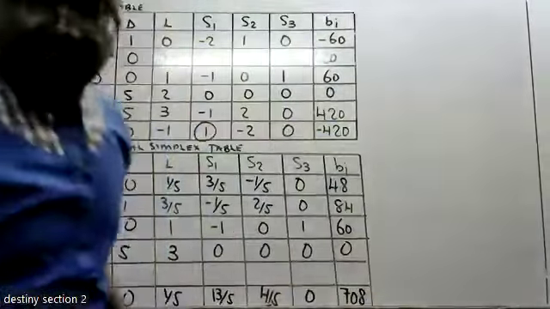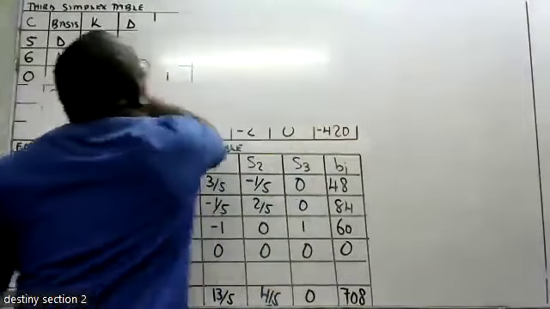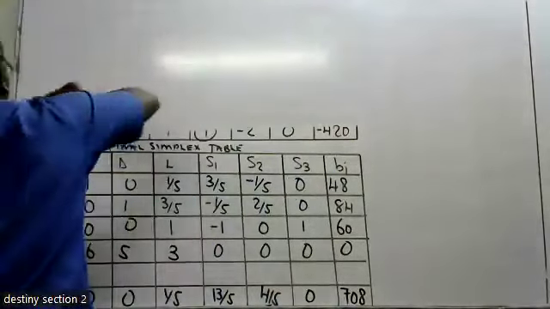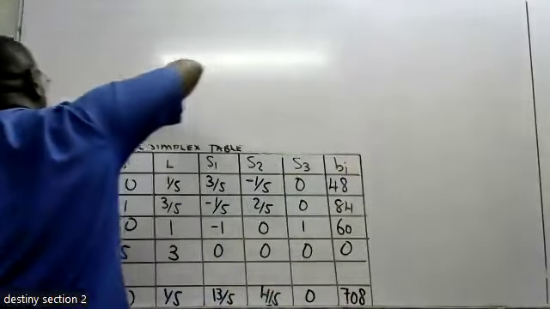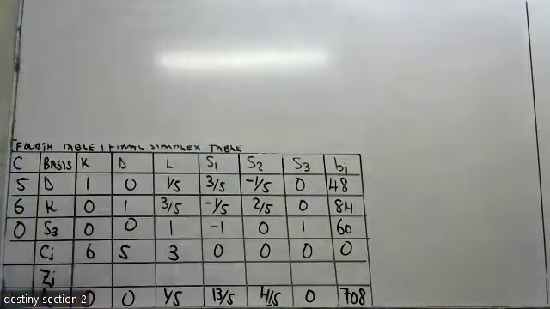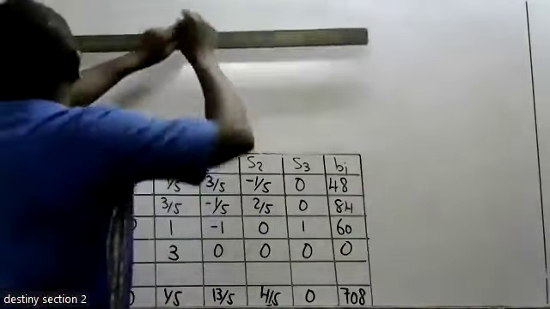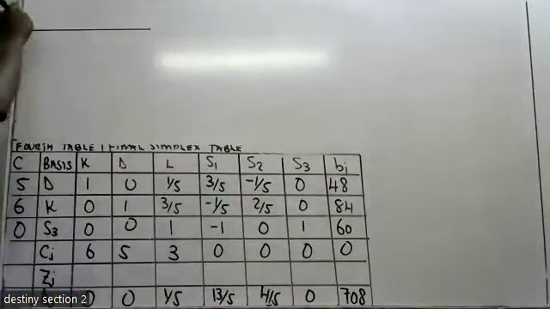I actually now do not need this one. Let me remove it so that I don't struggle with the space when I have a lot here which I do not need. Now here you come and tell us the optimal solution.